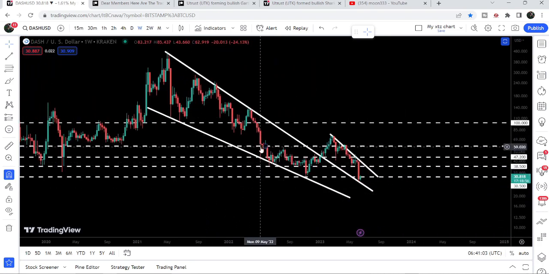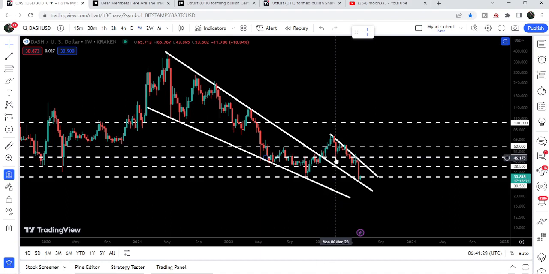After breaking it down, you can see it flipped into a very, very strong resistance, and for several weeks to months it kept working as a very strong resistance. And now, for the past several weeks, it has again flipped into a very strong resistance. You can see we got rejected by this resistance here in May 2023, and before that it was also working as a support.